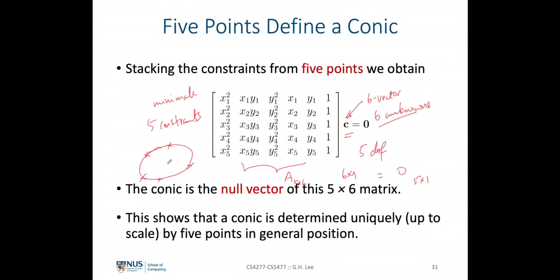And once these 5 points are known, this means that the coefficients, the matrix A here, would be all known values. We can easily solve for the null space of A to get the solution of C, which represents the conic equation. We'll see in a later lecture that this can be easily solved by doing the SVD, the singular value decomposition of A, and getting the null space of A, which will be the solution of C here.